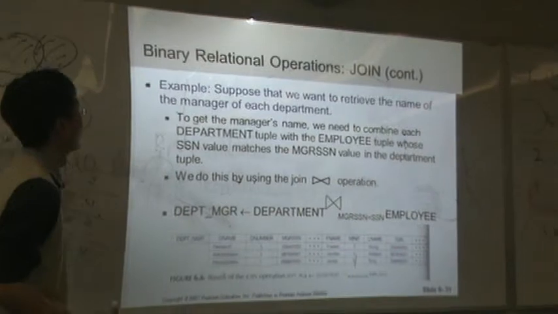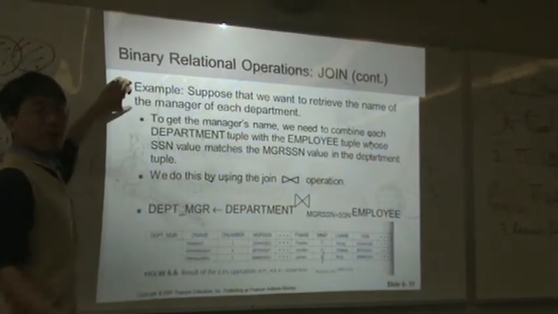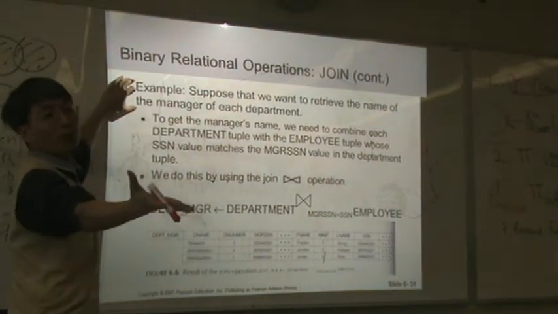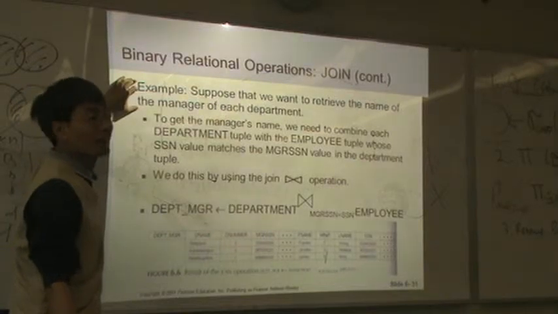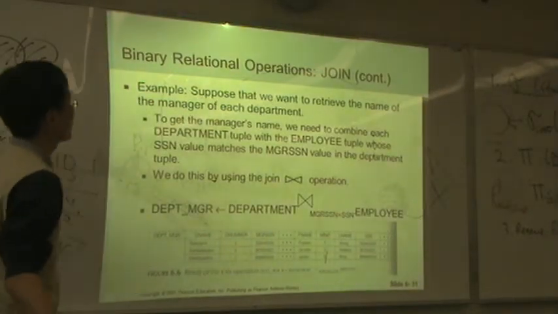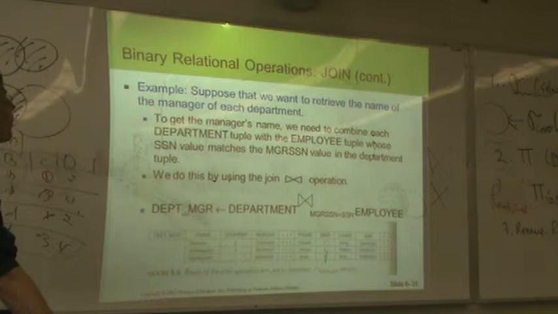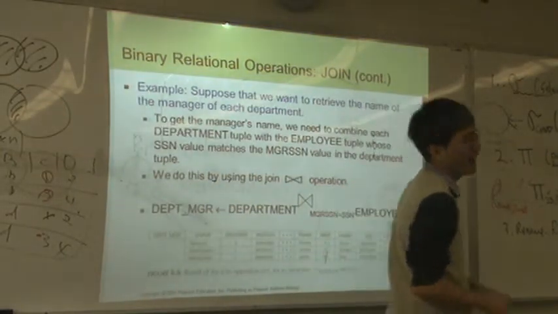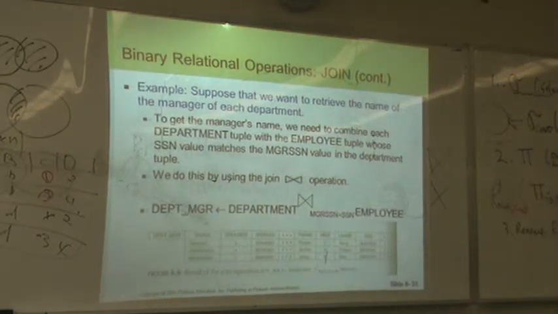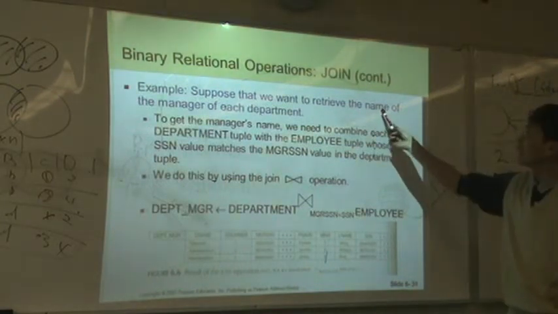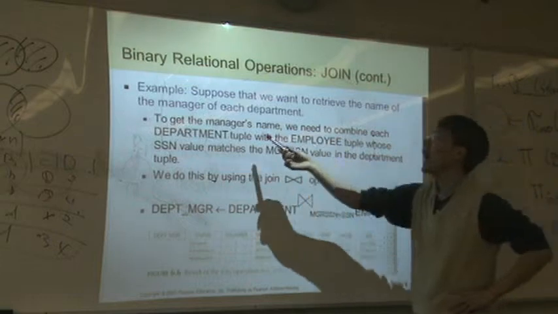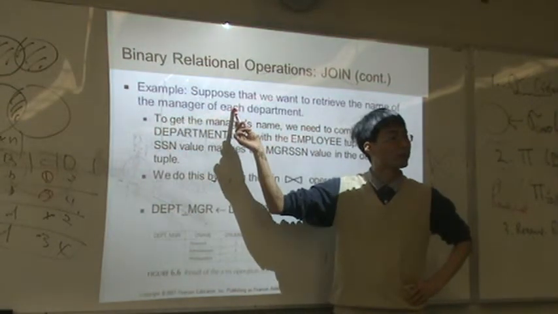This example is the same as the one in your handout, right? So suppose that we want to retrieve the name of the manager of each department. Can you get that information from one relation? For example, employee. Employee provides name, but not manager information.